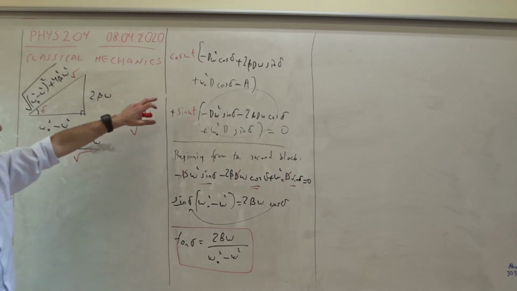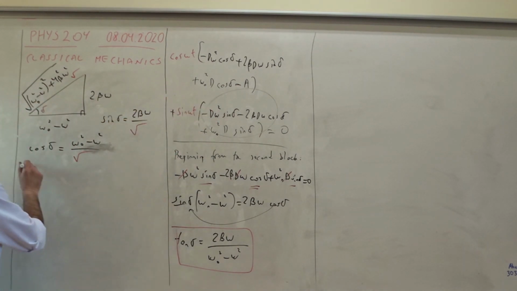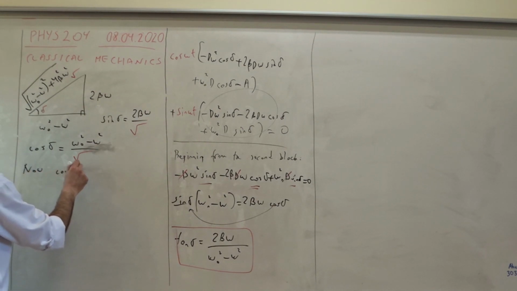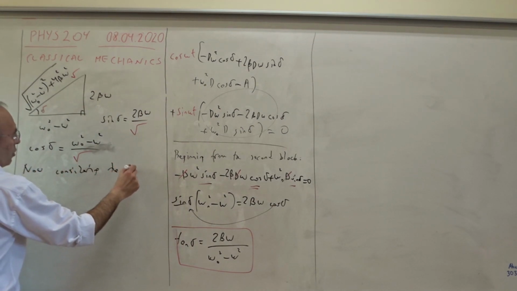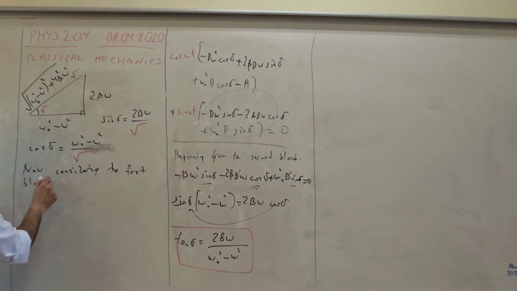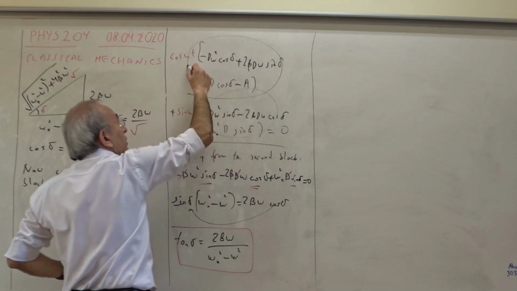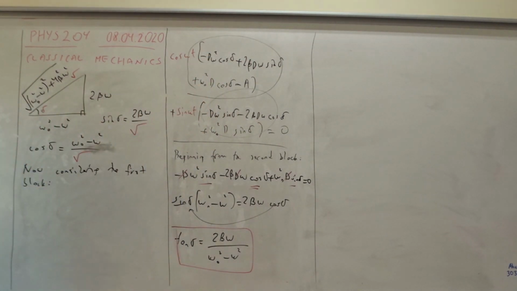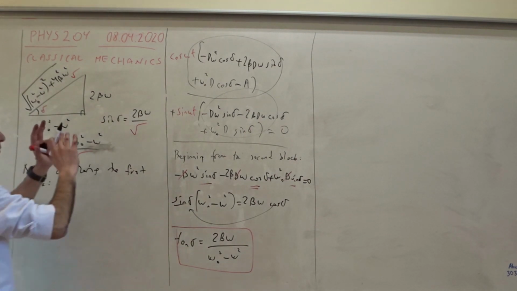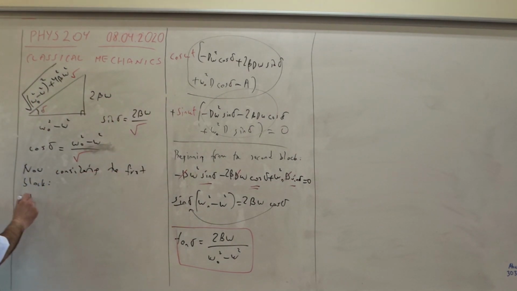Now pass to the upper block. Considering the first block, the coefficient of the cosine omega t term, let me write the full parentheses. Minus D omega squared cosine delta. But what is cosine delta? Let me replace cosine delta by this: omega 0 squared minus omega squared over the root.